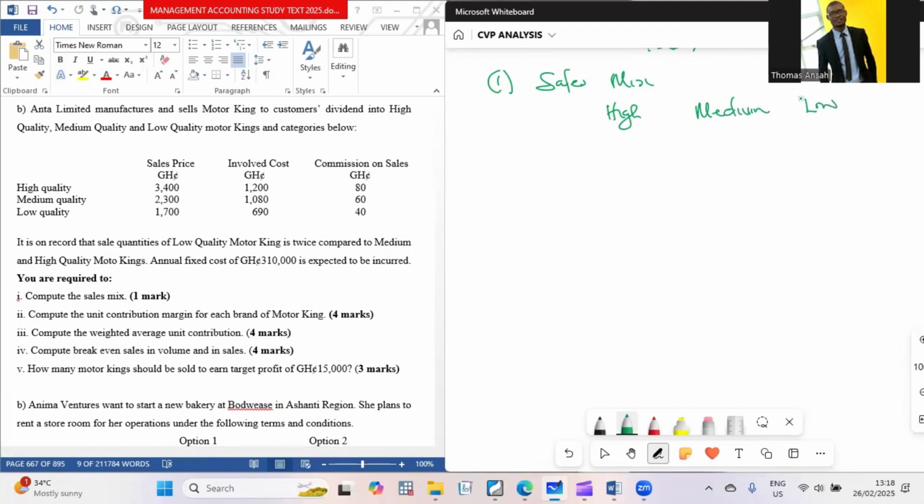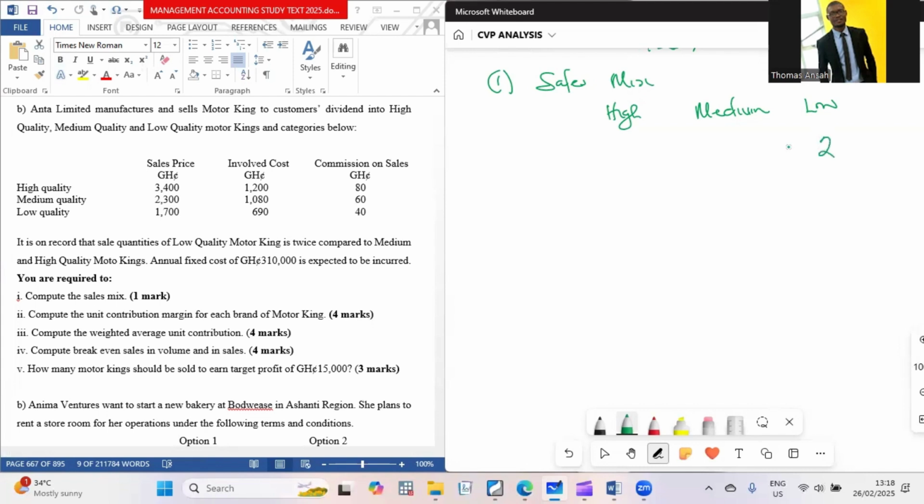Low quality. Now, the question says that it's on record that the sales quantity of low quality motor vehicles is twice compared to medium and high quality. It's a very simple English. So the low quality is twice.